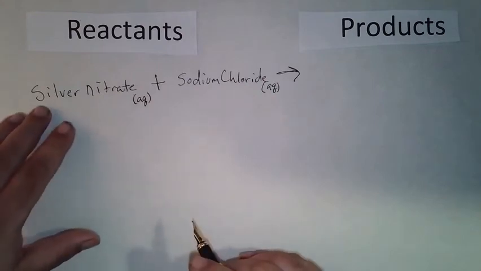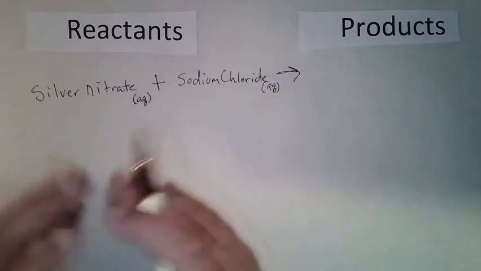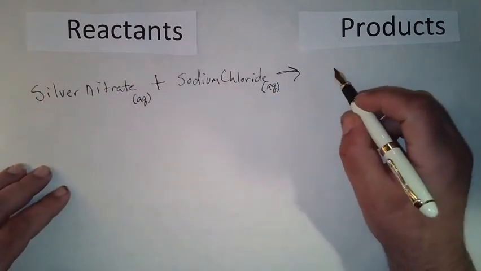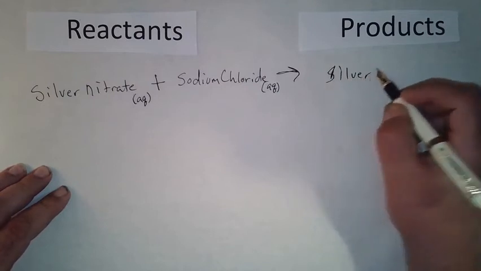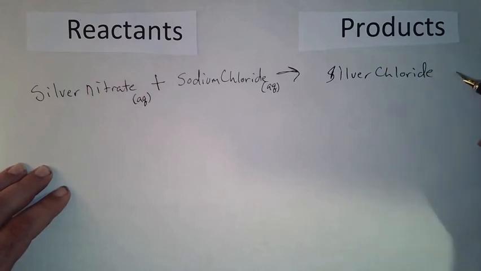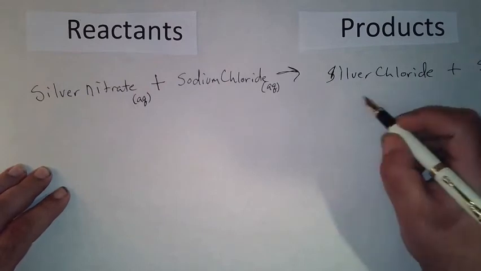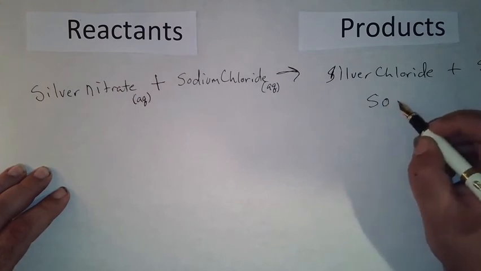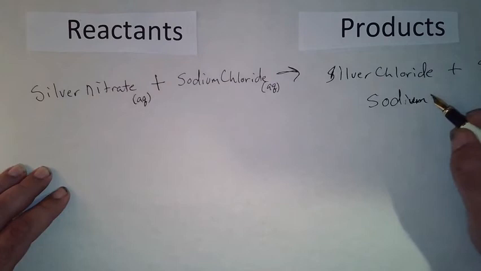The silver and the chlorine are going to get together and they're going to make silver chloride. So silver chloride plus sodium nitrate.